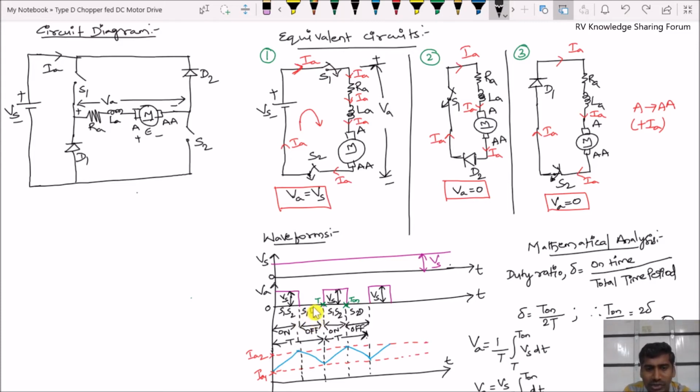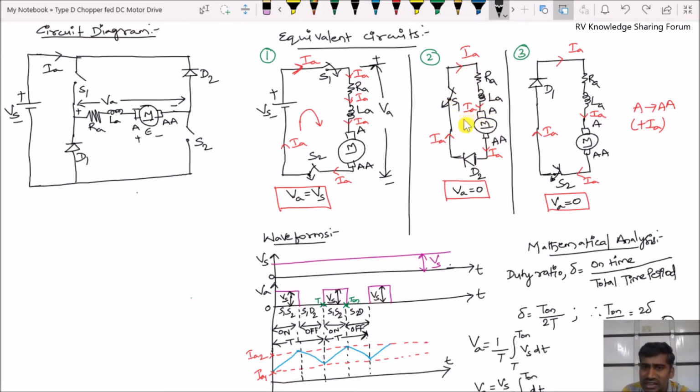So what happens to the current flow now? Now the current from the motor flows through the diode D2 and enters into the switch S1 and again through the motor. This I have drawn in equivalent circuit 2. The armature current from the motor will flow through the diode D2 to the switch S1 and again to the motor.